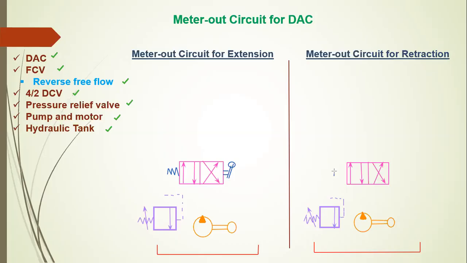Always, all DCVs are operated from both sides, so never miss this connection on either side. Here, one is operated by cam and follower and the second by spring.